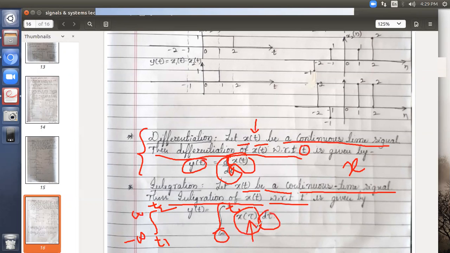Tau is one variable which we replace by time small t, just not to get confused. We make use of a third variable. You can even write another variable, x of m dm. All are fine. Tau is just a variable which is used.